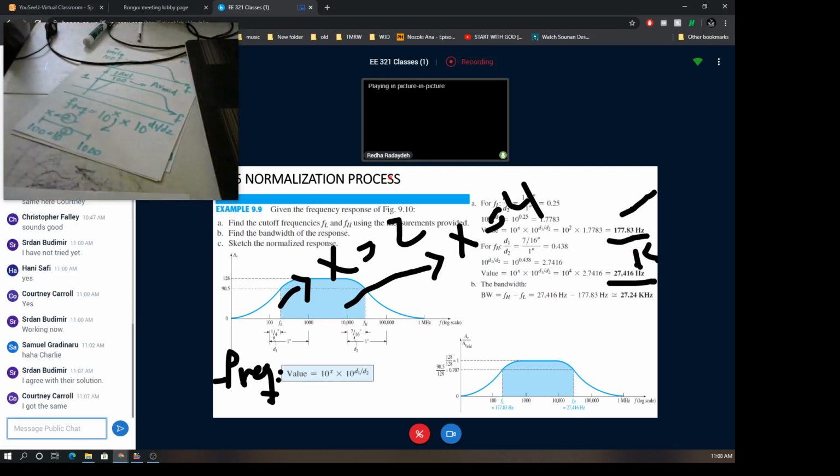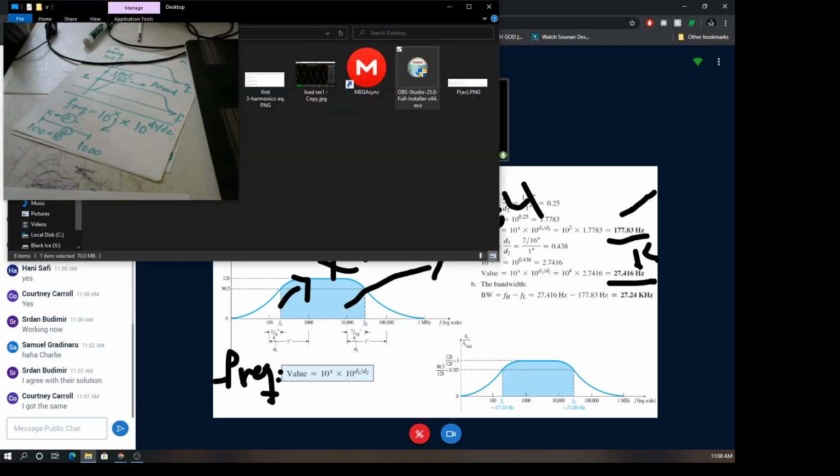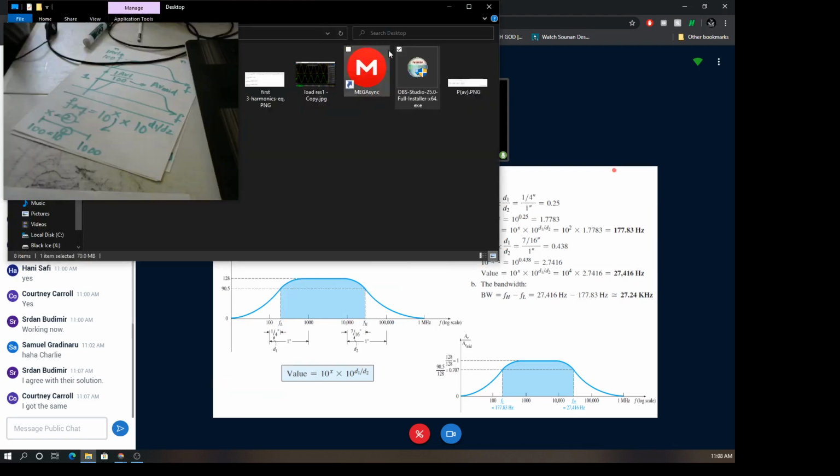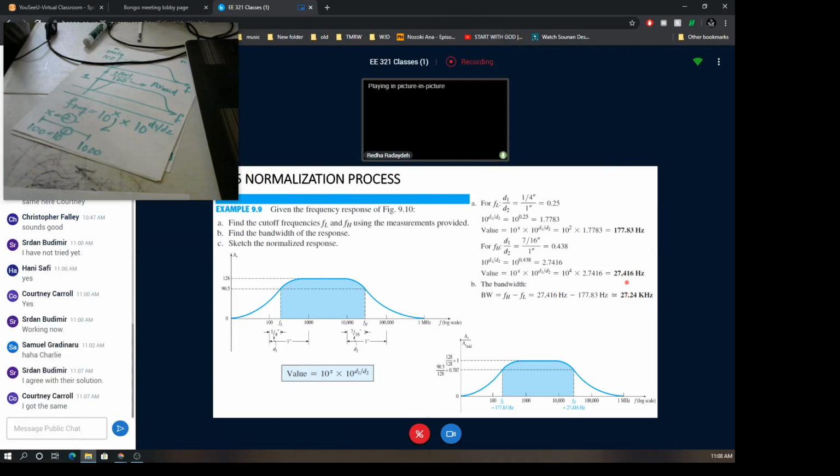There's supposed to be a point right there instead of a comma. I do believe it's still correct because it shows 27, comma 416. There is 27.424 for the bandwidth, which is not going to be exactly the same, but that's why the unit should be in kilohertz.